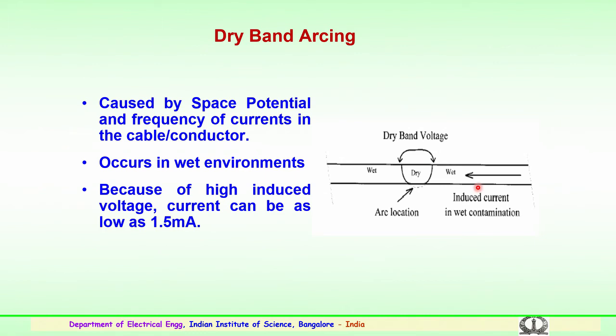So, this dry band arcing could be continuous, or it depends on the potential and the induced currents. This type of dry band arcing is generally observed in wet environments, because sometimes the induced voltages or currents could be very high, and the currents sometimes could be as low as 1.5 milliamperes also.